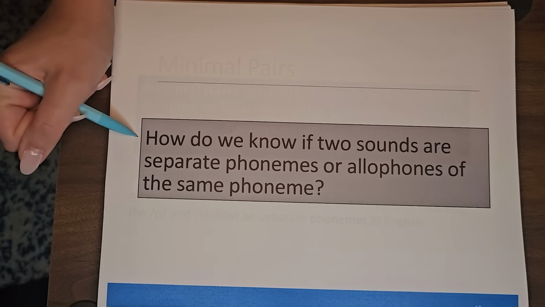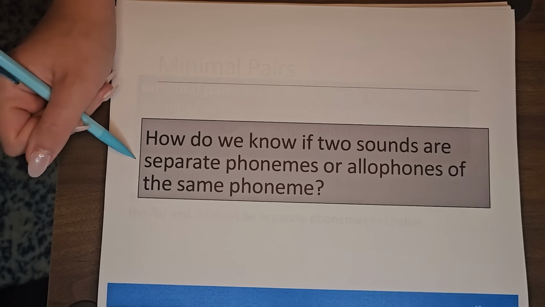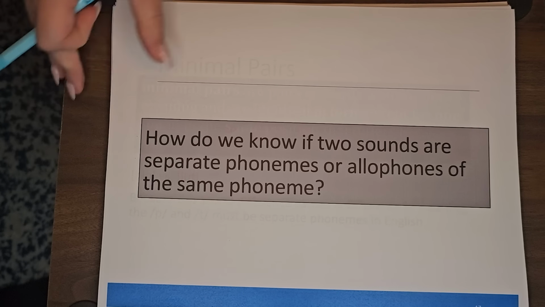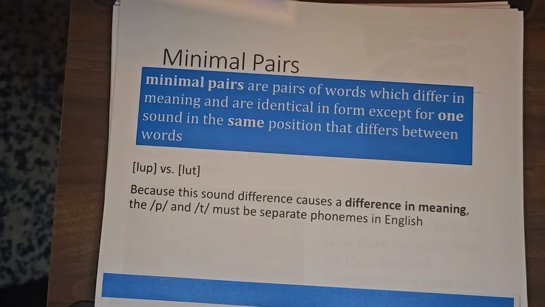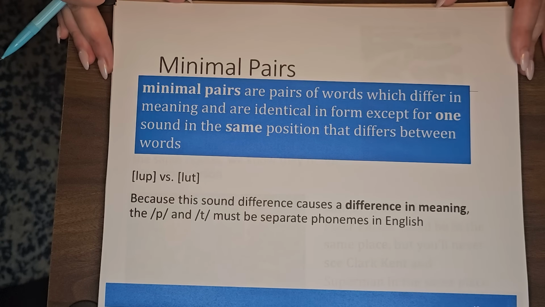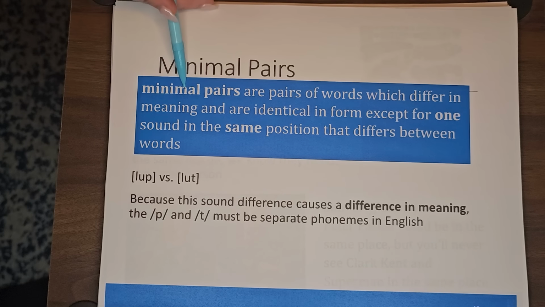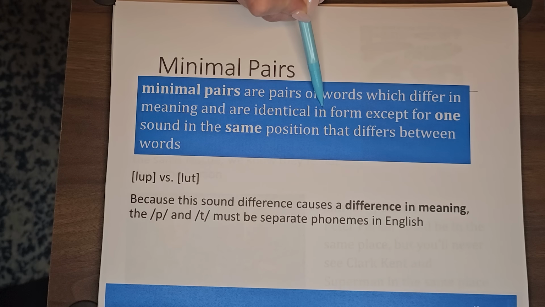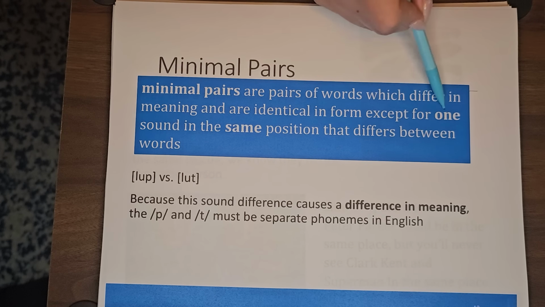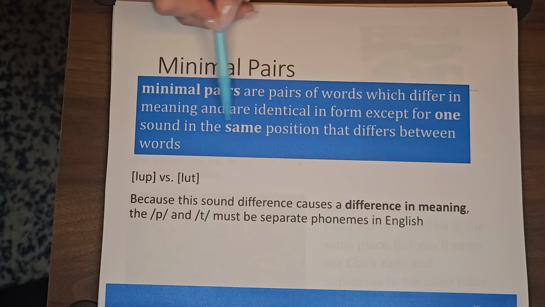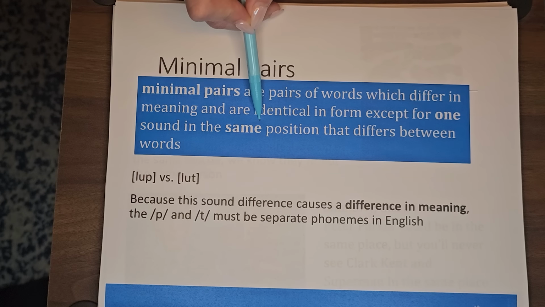So how do we know if two sounds are separate phonemes or allophones of the same phoneme? We do this through something called minimal pairs. Minimal pairs are pairs of words which differ in meaning and are identical in form except for one sound in the same position that differs between the words.